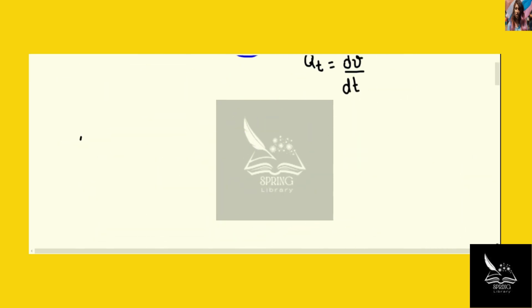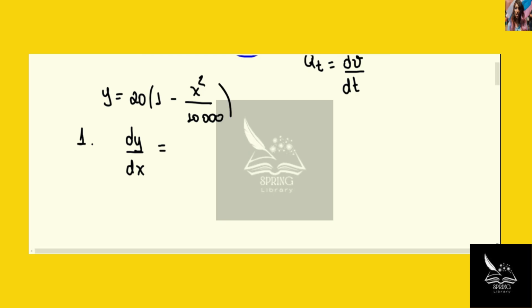So let's proceed. In order to find the radius of curvature, we need the derivative of y with respect to x. Remember that y is equal to 20 times 1 minus x squared divided by 10,000. So dy dx is equal to minus 2 times 20, so that's minus 40 times x divided by 10,000. This is equal to minus x divided by 250.